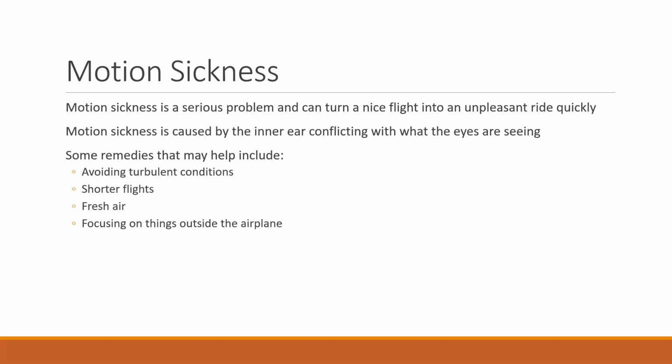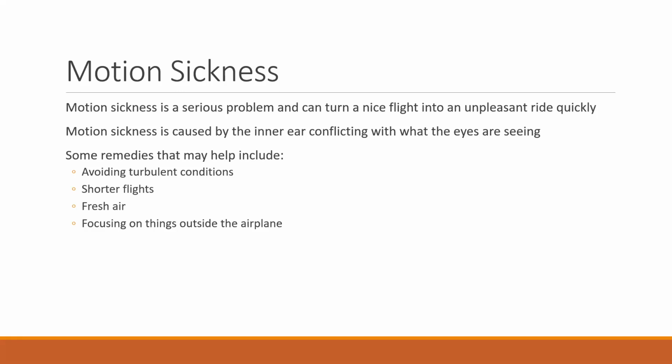So motion sickness. This can be pretty bad. We've talked about this a little bit, but especially when you're sitting in the backseat or in turbulent conditions, you could get motion sick much more easily. Motion sickness is caused because your inner ear is not agreeing with what your eyes are seeing.